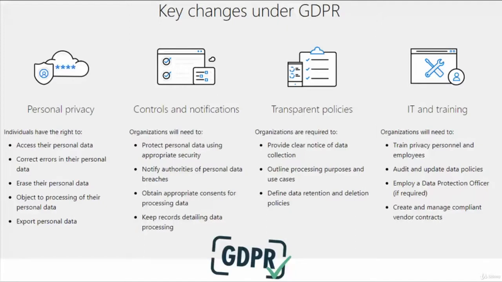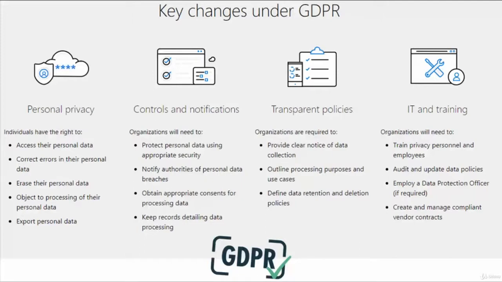IT and training: organizations will now need to train privacy personnel and employees, audit and update data policies, employ a data protection officer, and create and manage compliant vendor contracts. So in this instance, you're also required to train your employees and audit and update data policies.